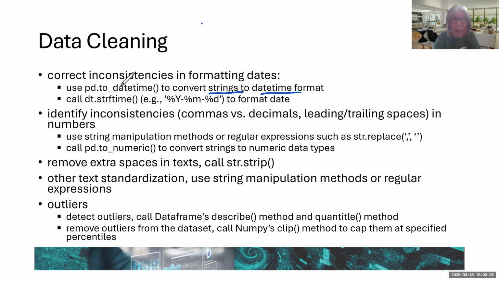So that's one thing we can do to format dates, and also make them consistent. There is another one to format data as a certain format, like over here, year, month, and day. You can also call this function, strftime.